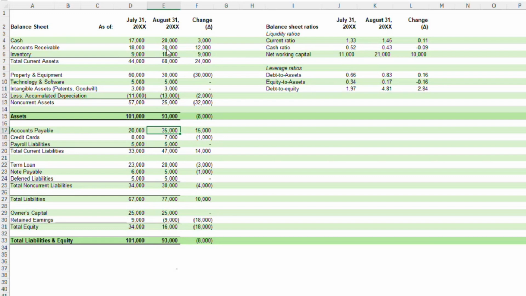Our inventory went up, which is probably one of the reasons our payables went up, and that's the kind of issue that can become problematic. An increase in payables can be a signal that there are liquidity issues in the business. Not always, but it's something to look out for, and this is what that would look like.